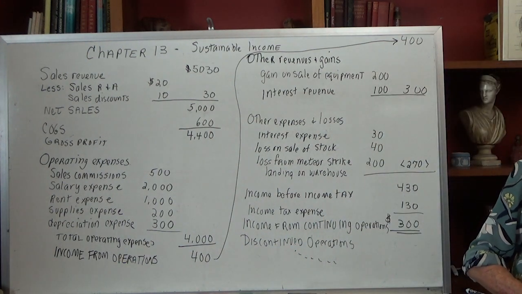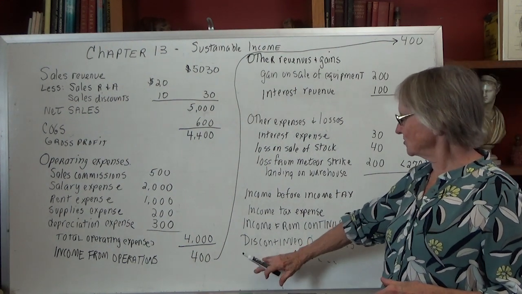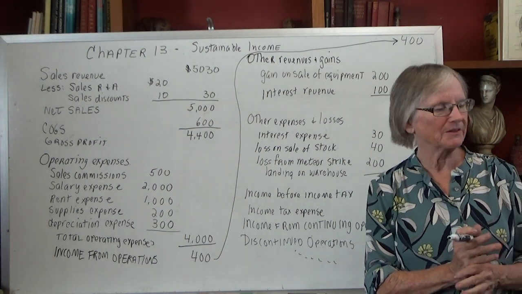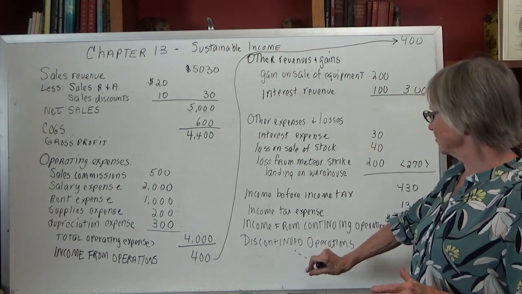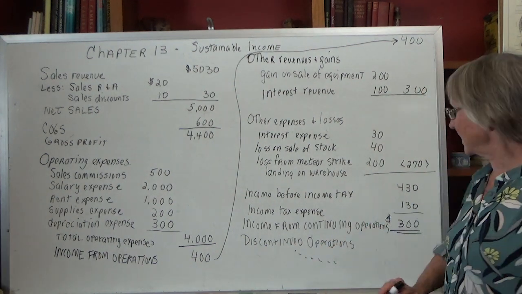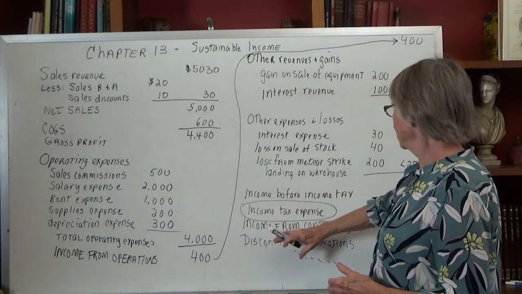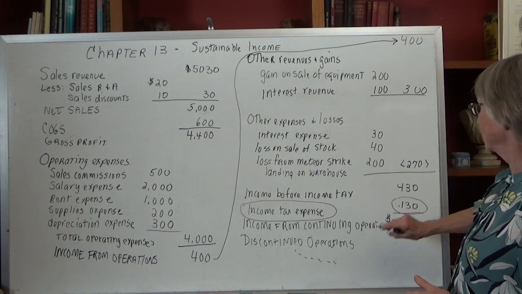So say we sold off our trans fat division. The discontinued section is shown net of tax, and I'll do another example of this later. The discontinued operations would be shown net of the impact of tax, because the income taxes for everything having to do with our continuing operations have been taken care of right here.